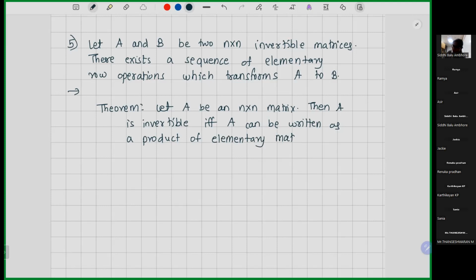So when I say this, I mean that when I apply finitely many row operations on this matrix A, I end up getting the identity matrix. That's what this statement means.